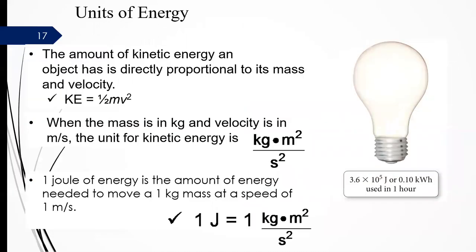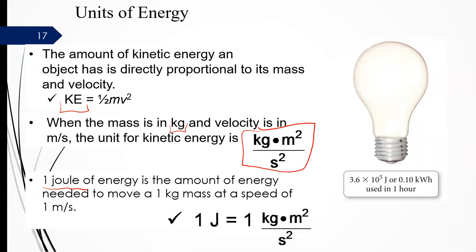Now, for the units of energy, we were talking about energy before as being associated with our kinetic energy, which is 1/2 the mass times the velocity squared. So for the units of energy, a common one is a mass in kilograms, and if our velocity was in meters per second, then we get this unit here, kilograms times meters squared divided by second squared. Now that's kind of a handful to write out, and so that can get simplified into this term joule.